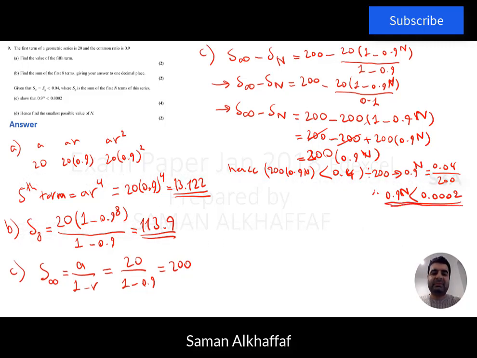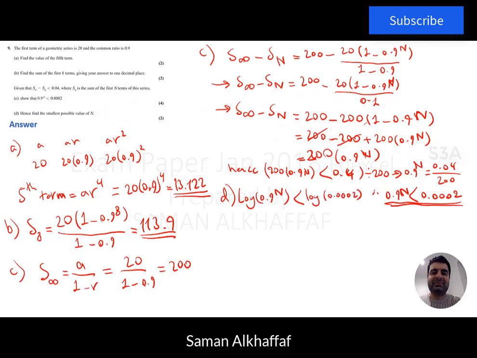Now for part D, we needed to find the smallest possible value of n. Since we have 0.9, we can take the log of both sides. So log of 0.9 to the n is smaller than log of 0.0002.